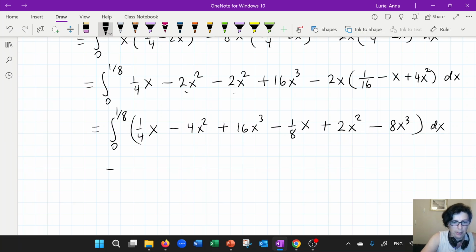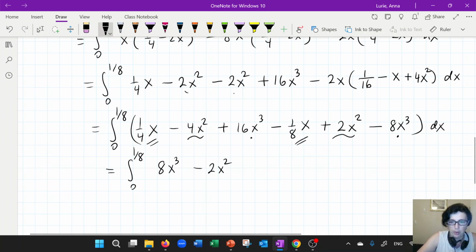Okay, so finally, let's see if we can combine like terms. So I got 16x cubed minus 8x cubed. That's 8x cubed. Then I have negative 4x squared plus 2x squared. That's minus 2x squared. And then I got 1/4 x minus 1/8 x. That's plus 1/8 x.